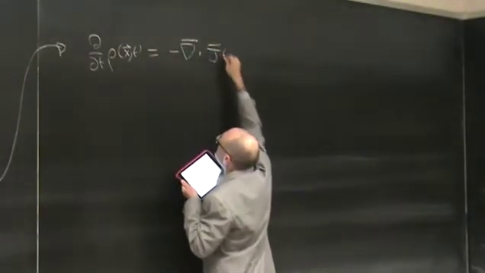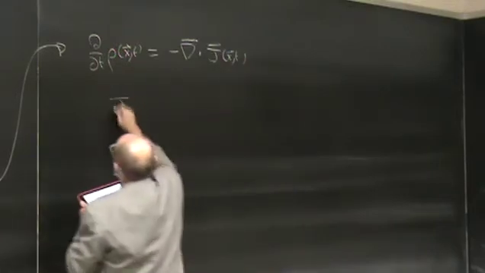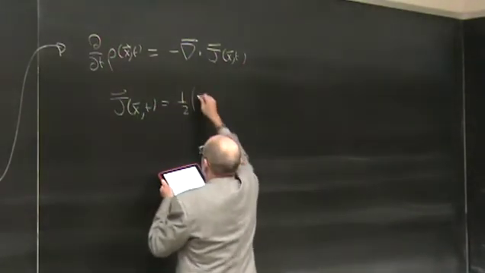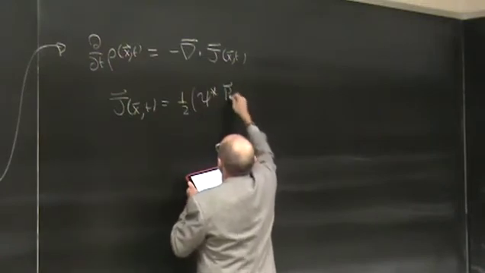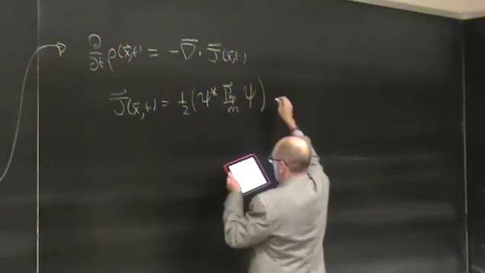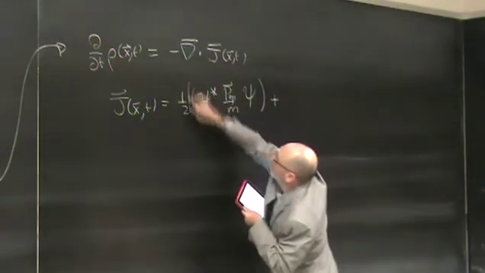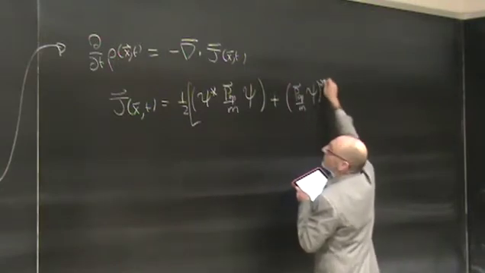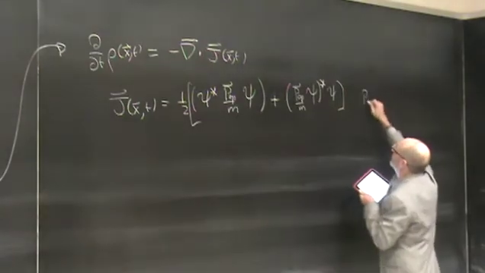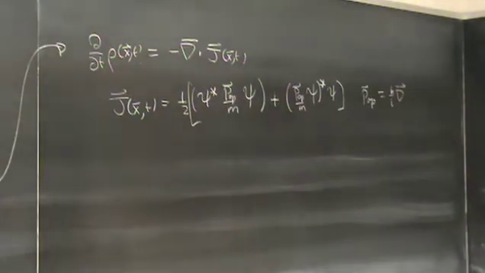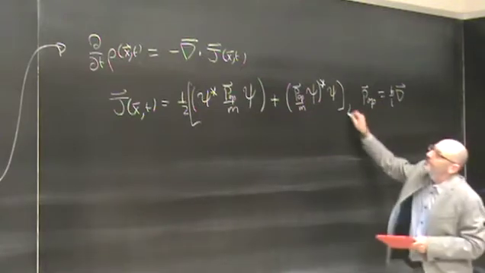A new vector j of x, where j is equal to one half psi star, the momentum operator, psi, plus its complex conjugate.